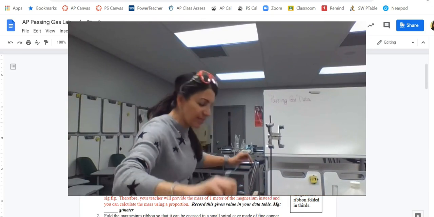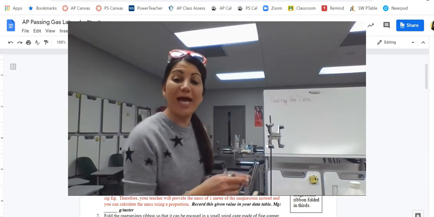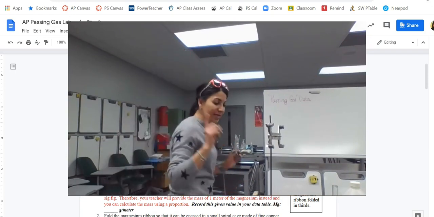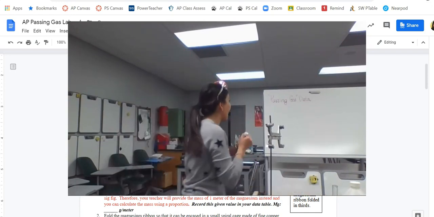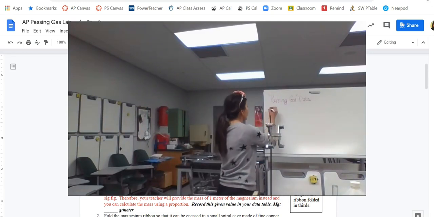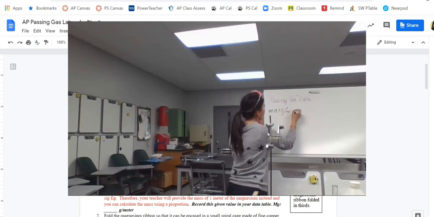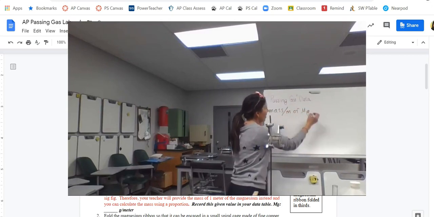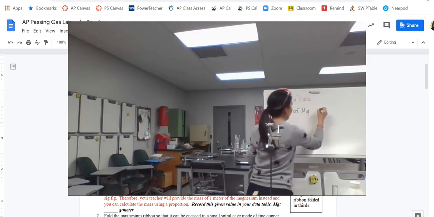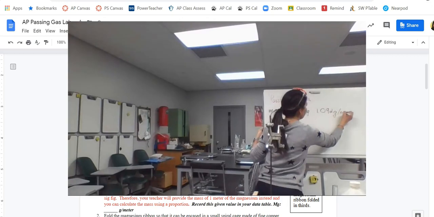And what I got was 1.092 grams for every meter. And so you're going to want to make sure that you write that down. So you should have a data table that's organized. This is just going to be bulleted. This is the mass per meter of the magnesium, so this is 1.092 grams per meter.